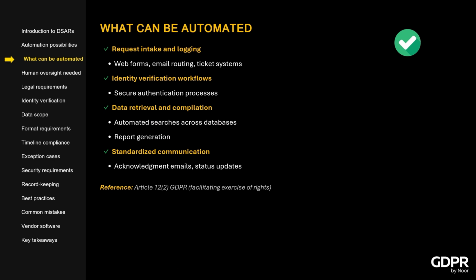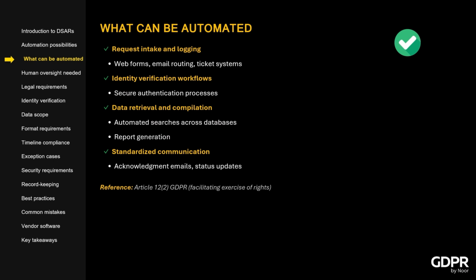What can be automated? Several DSAR steps can be automated effectively. Request intake and logging: web forms, email routing, and ticketing systems can capture and track DSARs consistently. Dedicated DSAR portals are common. Identity verification: authentication workflows such as MFA or account-based verification can be automated.